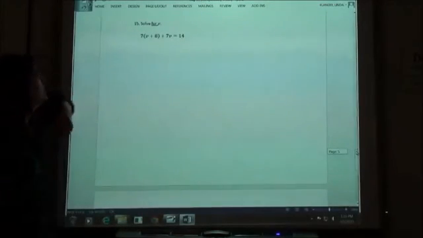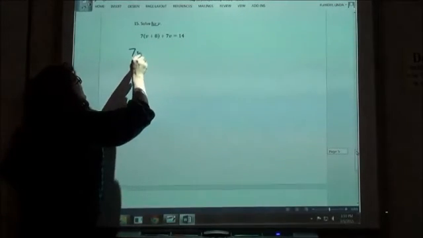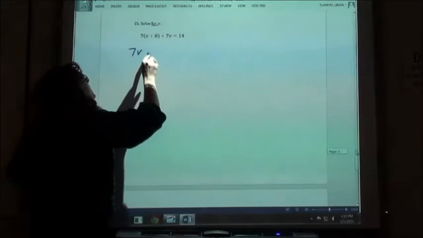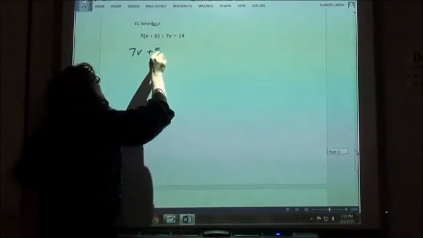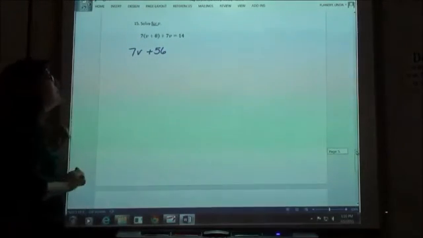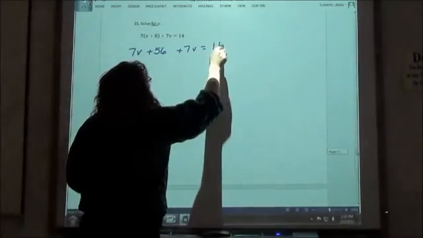All right. Number 15. First thing we want to do, use our distributive property. Get rid of the parentheses. So we would have 7v, 7 times 8 is 56, plus 56 then, because we have a positive times a positive, so 7v plus 56 plus 7v equals 14 then.